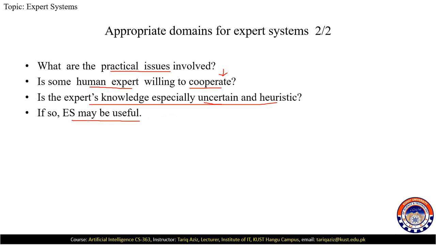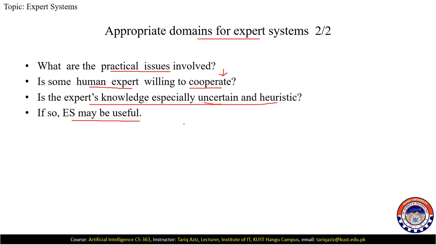So the question is what are the appropriate domains for an expert system. This question is based on these three questions. First of all, you have to check that if you cannot solve your problem by using programming languages, then you have to choose the expert system.